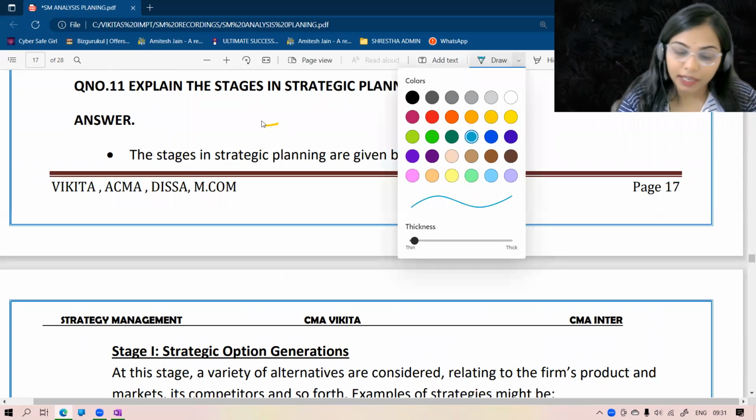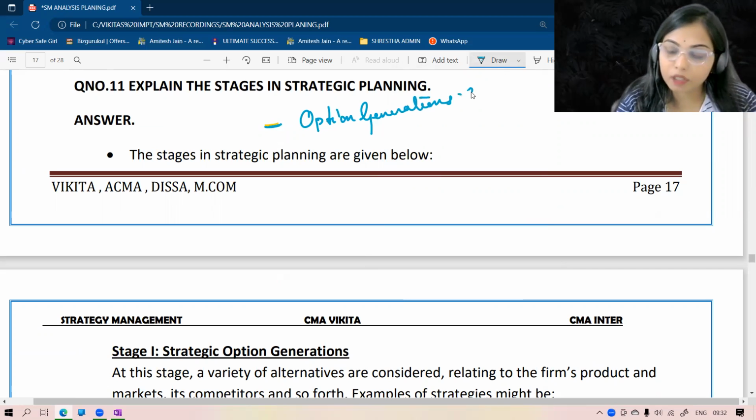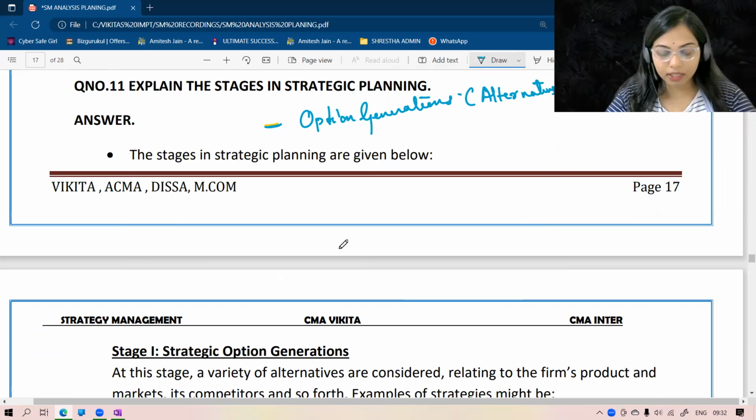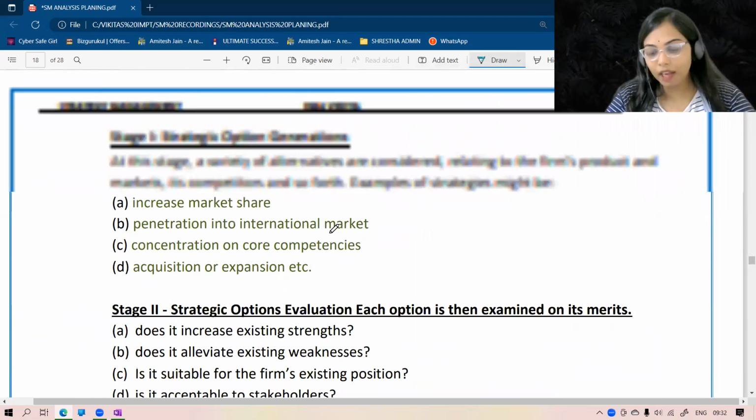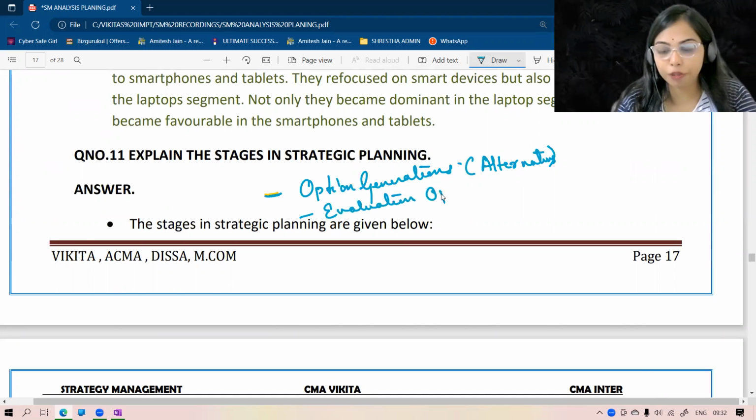First stage is option generation. Generation means alternatives, finding out the alternatives. The second stage is about selecting or evaluating the alternatives, evaluation of the options generated.